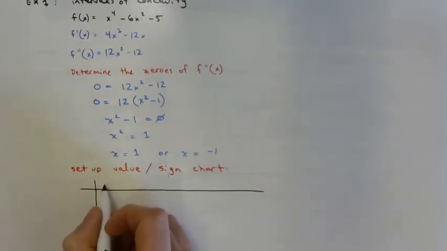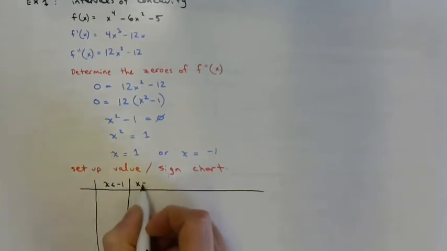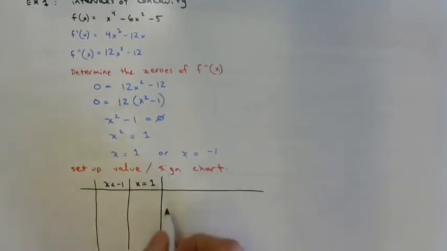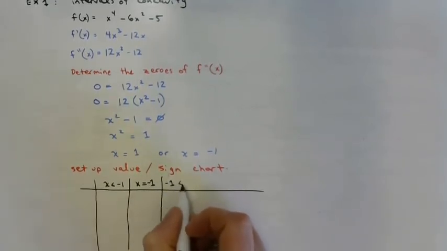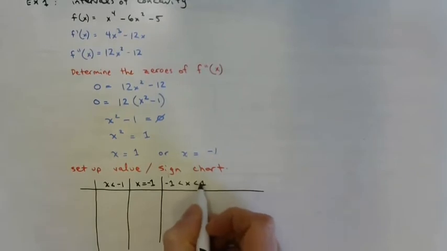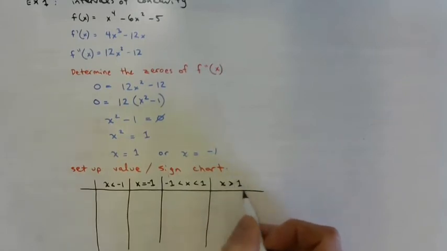We have to the left of negative 1, we have what is happening at negative 1, we have what's happening in between negative 1 and positive 1, we have what is happening to the right of positive 1.